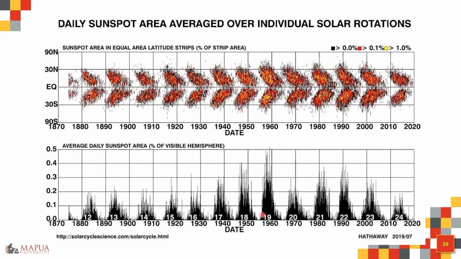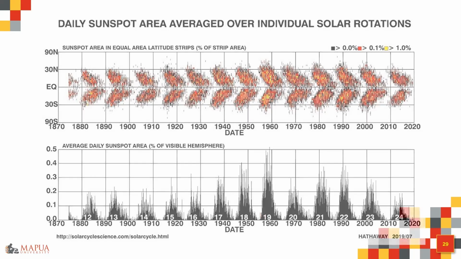Another parameter that we use to parameterize the activity of the sun, or solar activity, is how radio waves are being emitted by the sun.